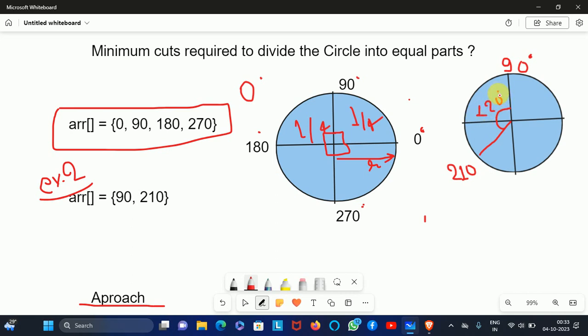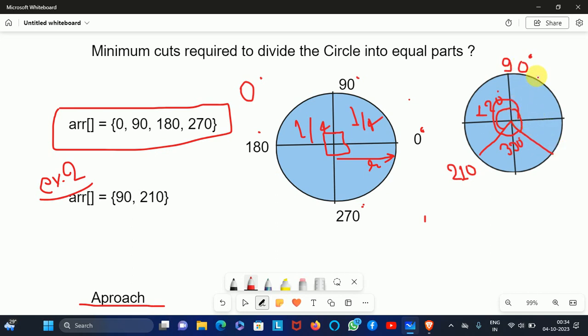So if we add 120 more to 210, this will be 330. And if we add 120 more to 330, then this will be 90.